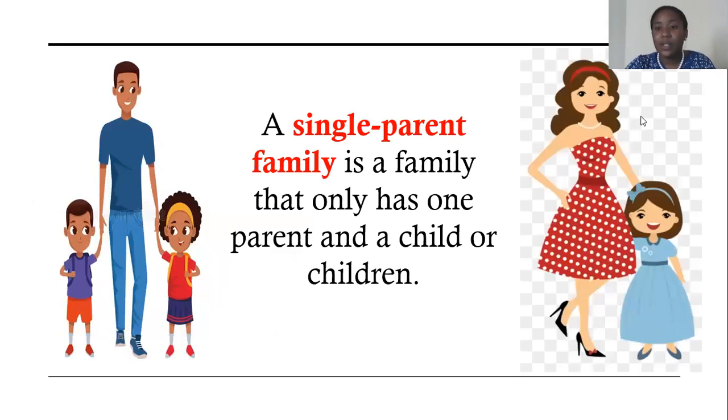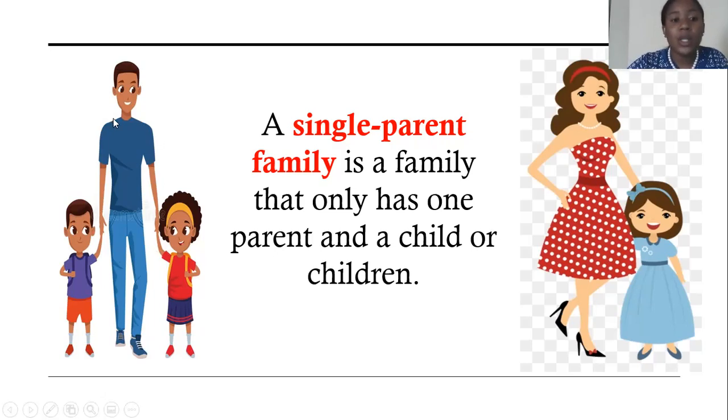Now we have another set of families here. And I have two pictures to show you the difference, okay? But both of these pictures represent one type of family. Let's look at this picture here. It has a mother and a child. And this picture over here has a father and two children. But they all have the same name.